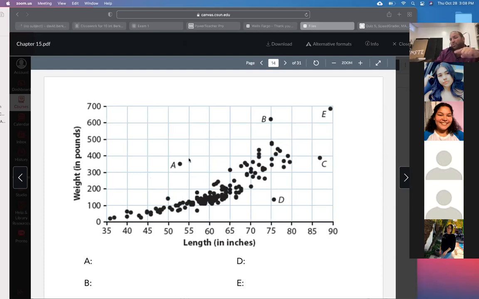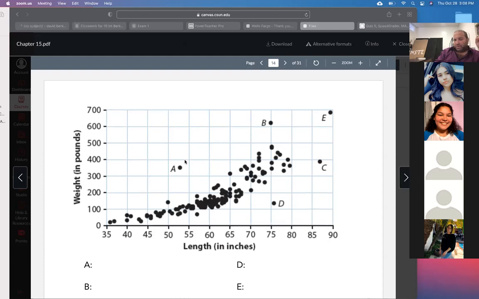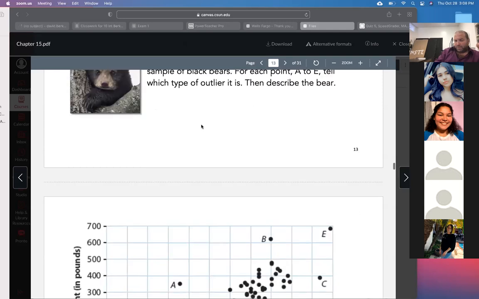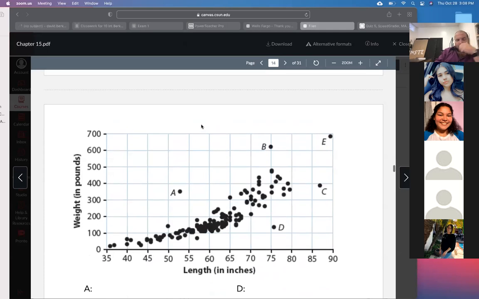But only when we consider length and weight together do we say, wait a second, this one does not fit the pattern. So it's not an outlier for either variable, but it is when you think of them together. Does that make sense? Yes, so it's a joint outlier. It's an outlier only when we consider both variables together.